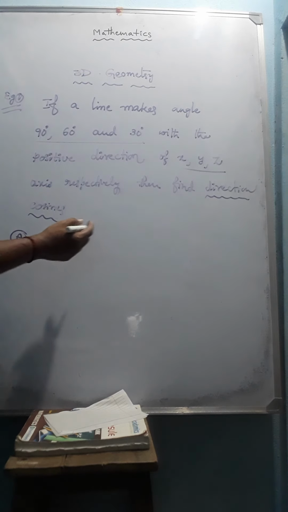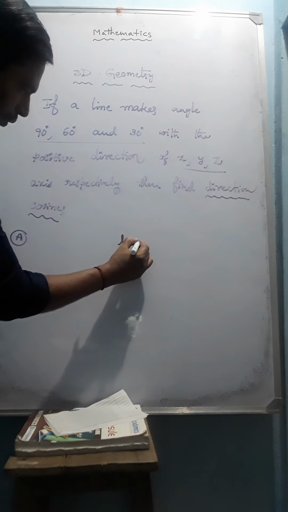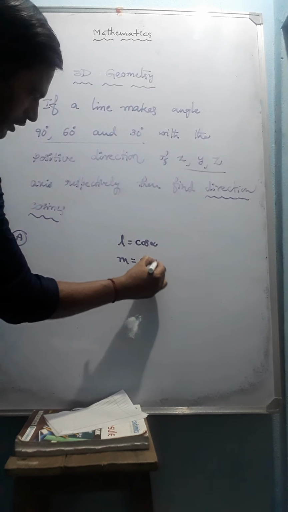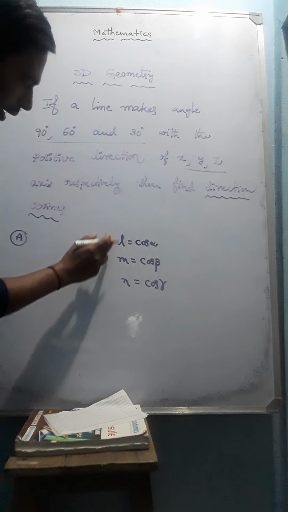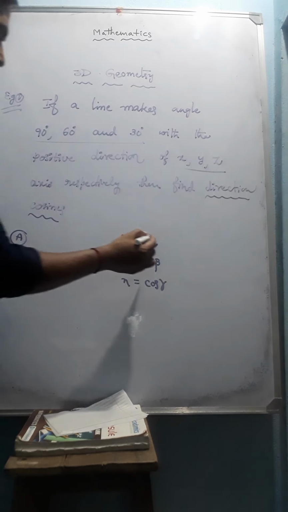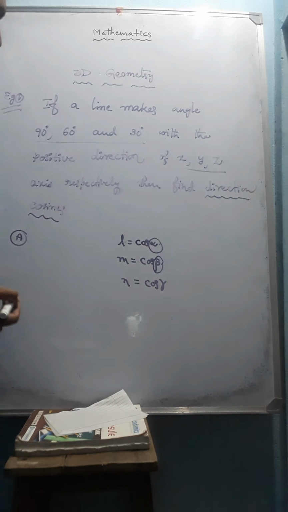We know from the vectors algebra chapter that l is equal to cos alpha, m is equal to cos beta, n is equal to cos gamma, where l, m, n are the direction cosines. Here they have given alpha value is 90, beta value is 60, gamma value is 30 degrees. If you substitute, then you will get the direction cosines.